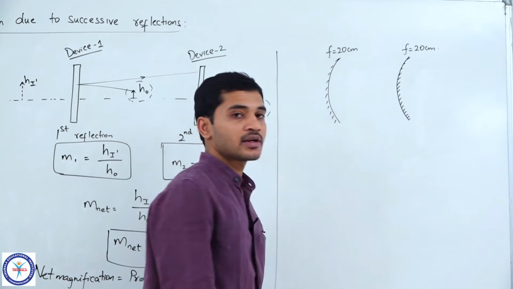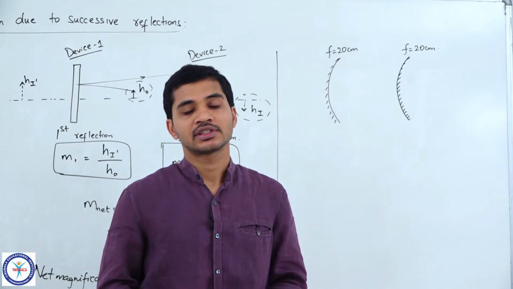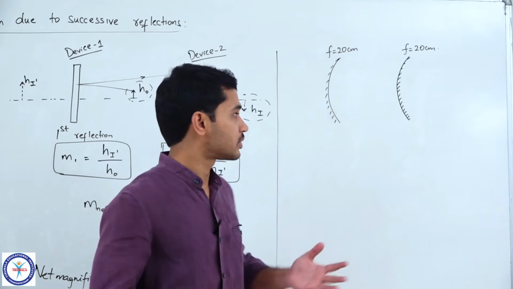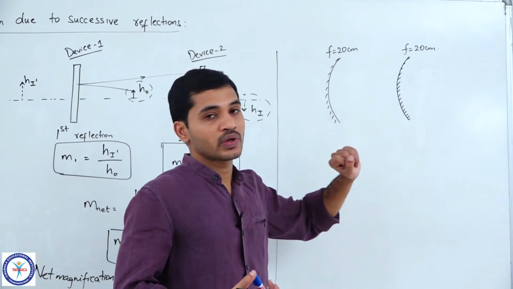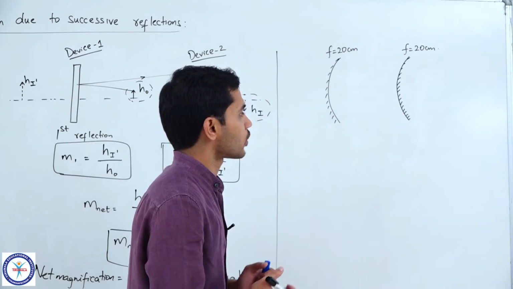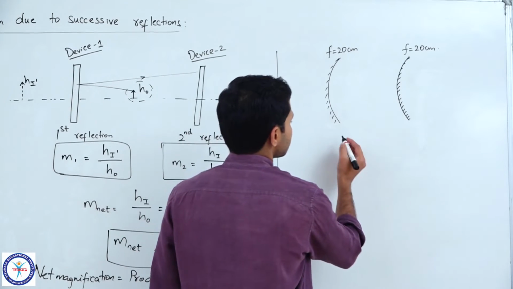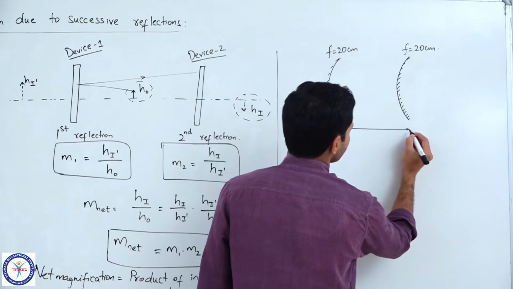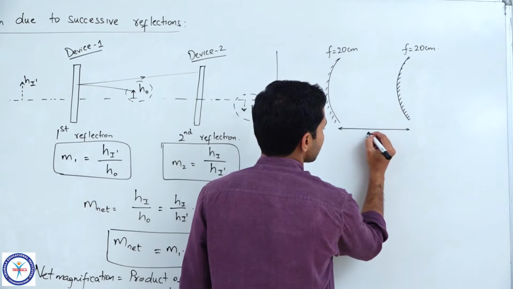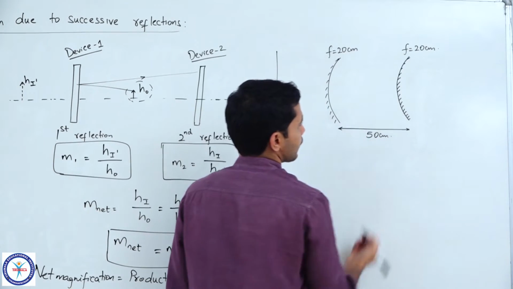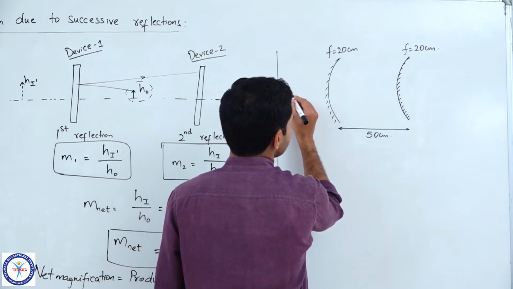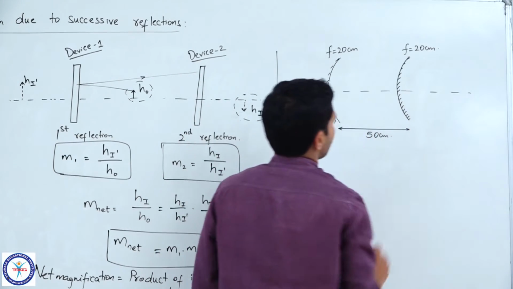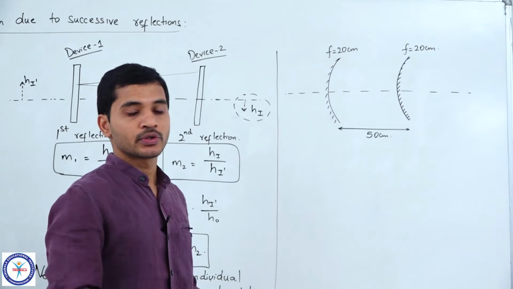What I have written there are only the magnitudes. You already know the signs which we have to take. I hope you remember that concave will have negative focal length and convex has positive focal length. Anyways, let us consider that the separation between these two is 50 centimeters, and there is an object which is placed halfway between the two mirrors.